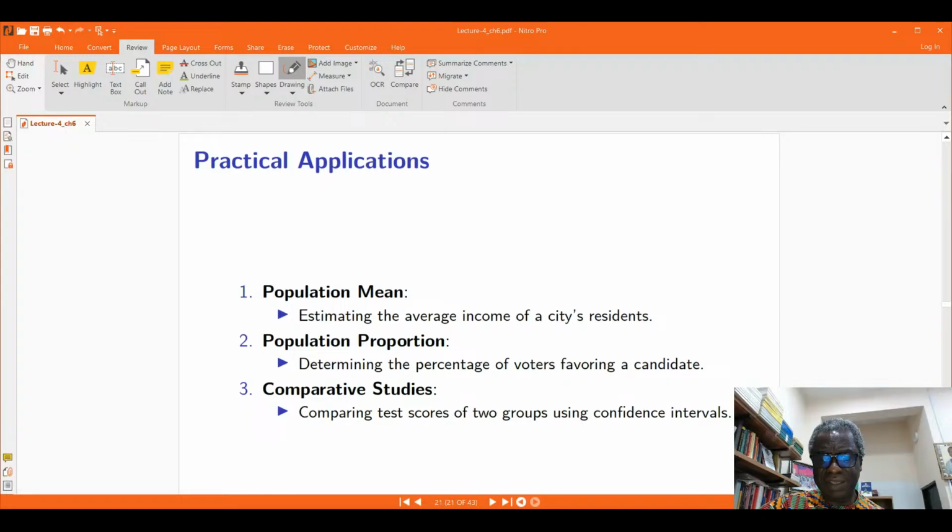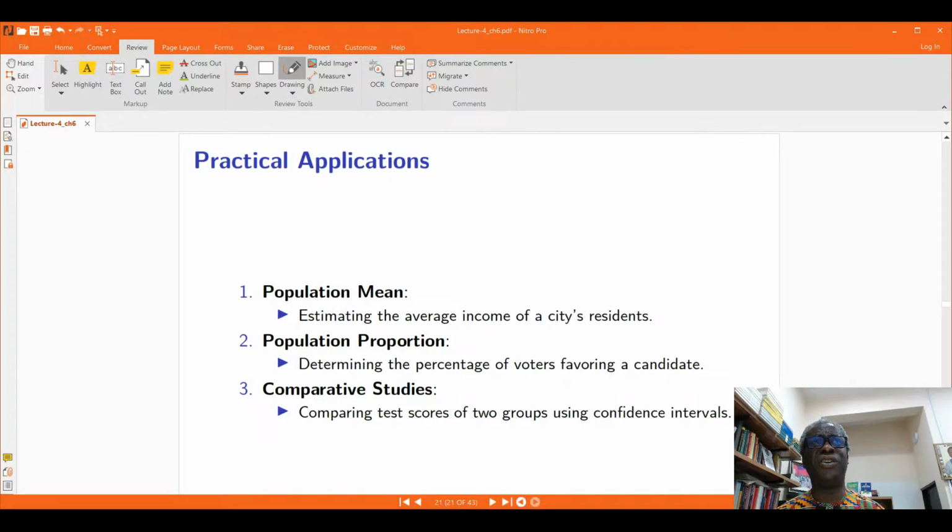You can determine the percentage of people who prefer a particular product. You can determine the percentage of voters who favor a particular candidate. You can also determine a confidence interval. You can say the 95% confidence interval of the voters in Oyo State that favor a particular political party, and so on.